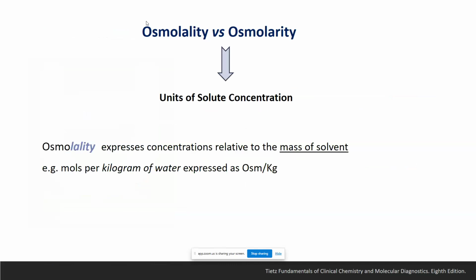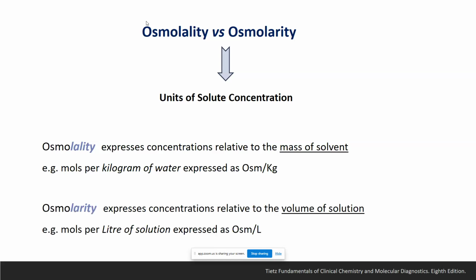Osmolality expresses concentrations relative to the mass of solvent, whereas osmolarity expresses concentrations relative to the volume of solution. Osmolality is a thermodynamically more exact expression because solution concentrations expressed on a weight basis are temperature independent, whereas those based on volume vary with temperature. So although the term osmolarity is often used in the medical literature, osmolality is what the clinical laboratory means.